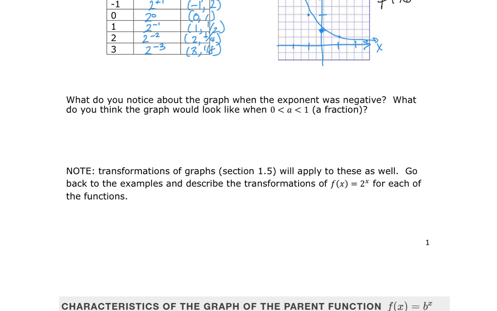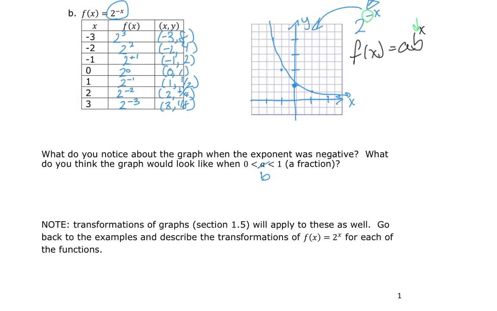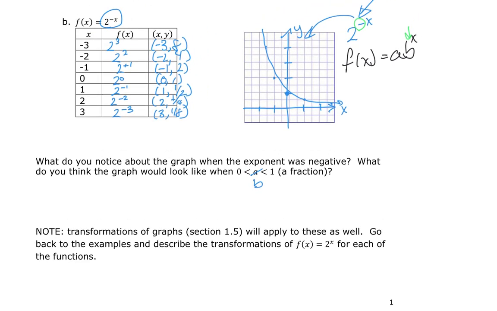So that tells me here that if my a, which is my base, actually it's my base b, when b is between 0 and 1, that I am going to be decreasing. You're like, what are you talking about?